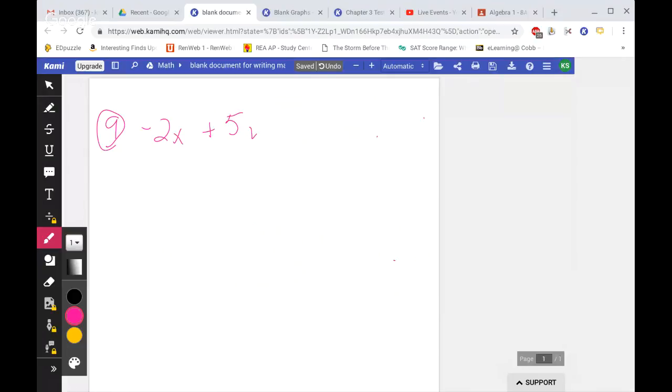-2x plus 5y equals -10. So to find the x-intercept, I'm going to plug in 0 for y. This becomes 0.